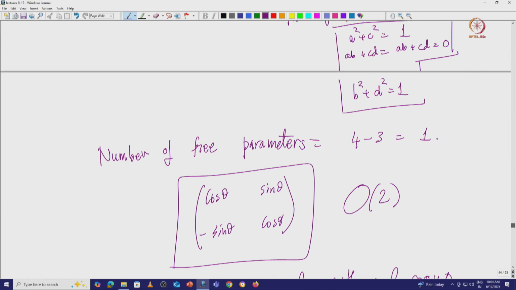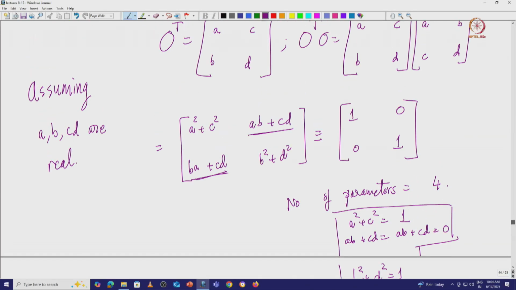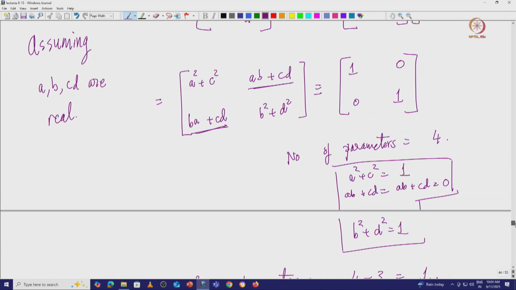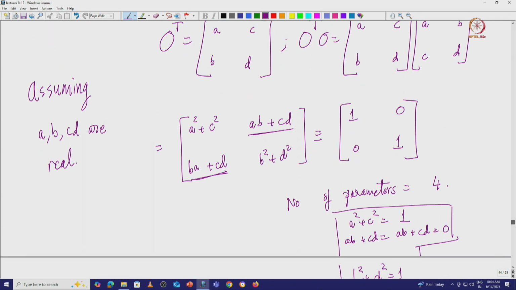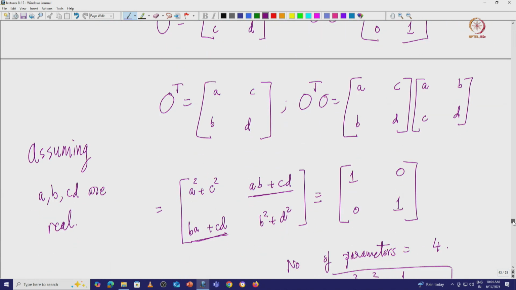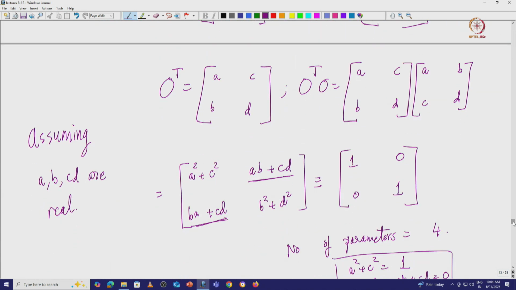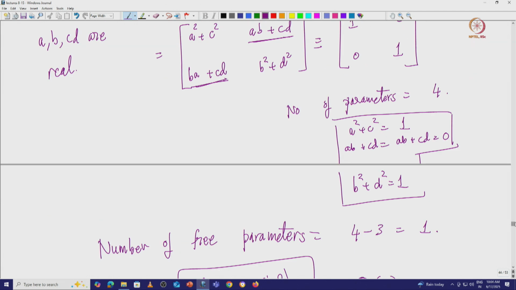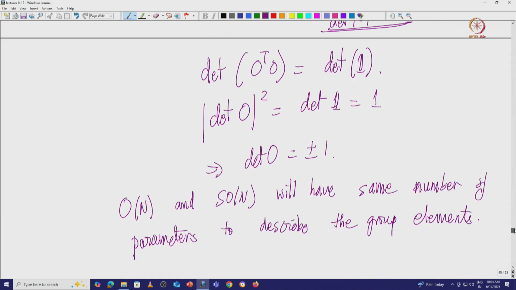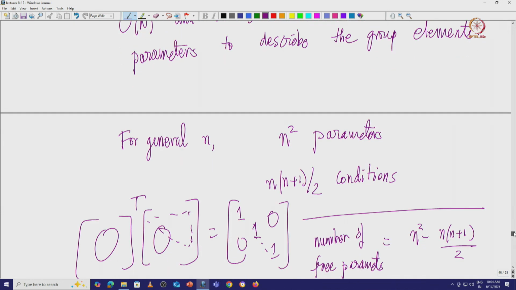What we have seen in the last class is that any general rotation groups are essentially orthogonal groups, and for any general n, where n is the dimension of the rotation group, we can use conditions as follows. Write the general form of the matrix, multiply it with each other and define the number of free parameters, and we derived how many free parameters are there for a general rotation group for a general n.